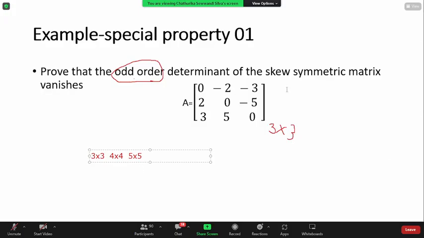In a skew symmetric matrix, all the diagonal elements should be 0 and the conjugate elements should be equal with a minus sign change. So that property is here. The other specialty is that it is odd order. Only the determinant of an odd order skew symmetric matrix always becomes 0.